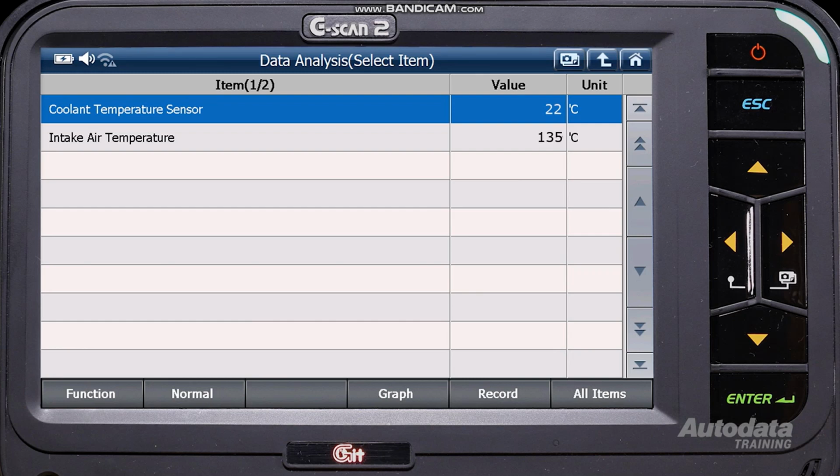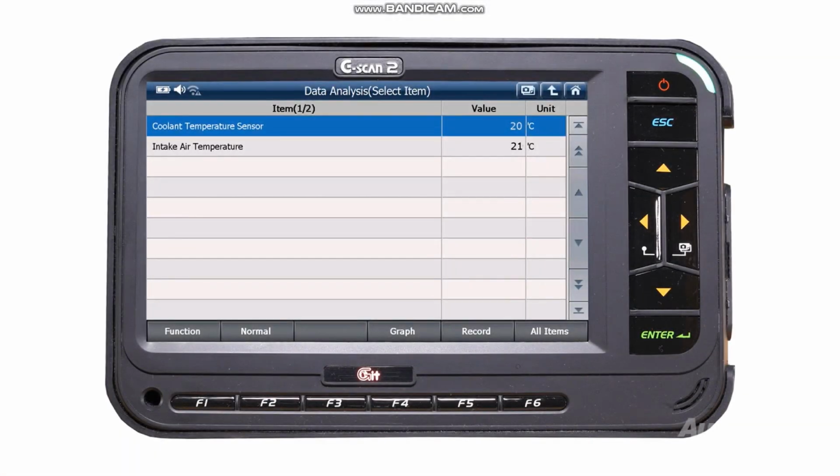The intake air temperature is at 135 degrees Celsius or 275 degrees Fahrenheit, and the coolant temperature sensor is at 22 degrees Celsius or 72 degrees Fahrenheit. This indicates a problem in the IAT sensor or circuit. If the sensors were measuring close to the same temperature, this would indicate that the module is receiving the correct information.